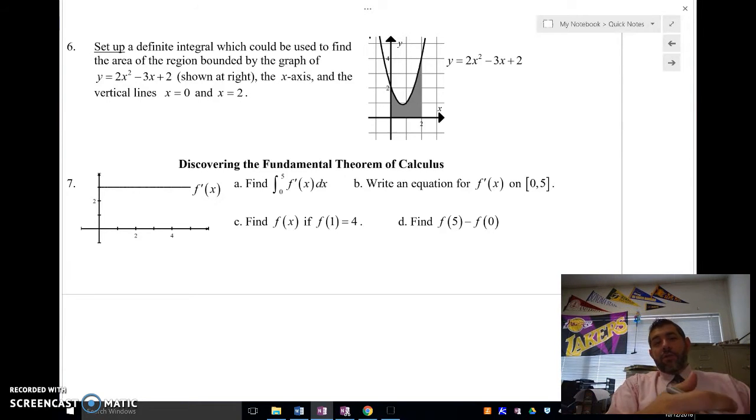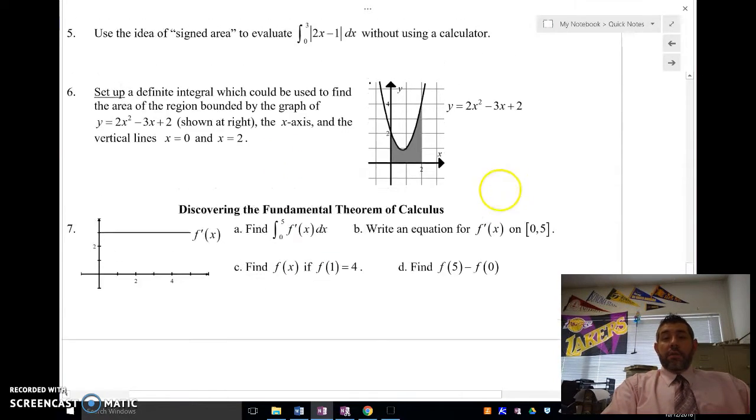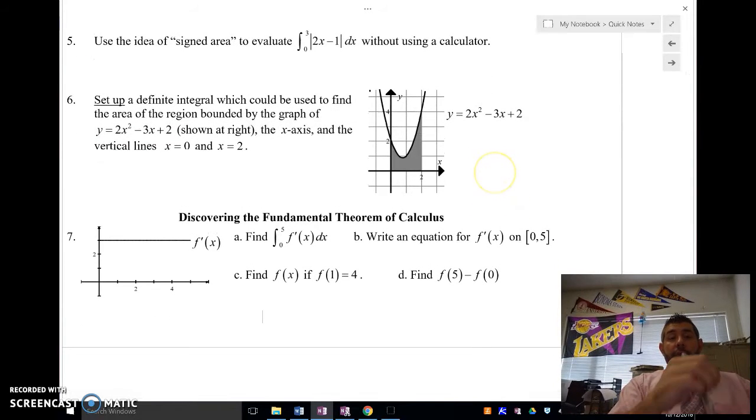Okay, so what I have on the screen right now is some problems from our text. Let's see if I can scroll down here. Basically the idea is that the definite integral is the signed area. I talked about that in the last video.